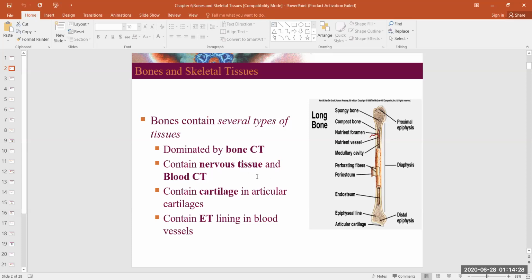It contains nervous tissue, blood vessels. It also contains cartilage. You can see the end of the bone is cartilage. This is articular cartilage, made up of hyaline cartilage, and it is called articular cartilage because either end, whether it is the proximal or distal epiphysis, articulates with the other bone to make a joint.